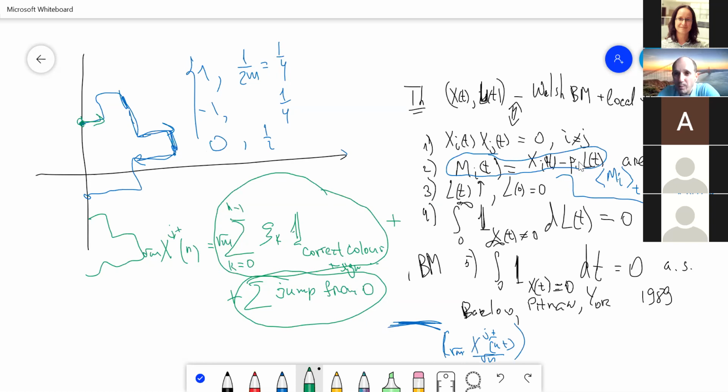So let me only write the probabilistic interpretation for these Pi. I will not prove convergence of this part to a martingale and convergence of this part to Pi times the local time.